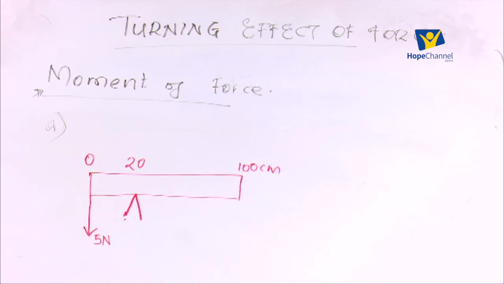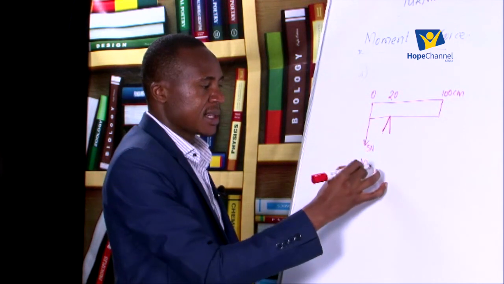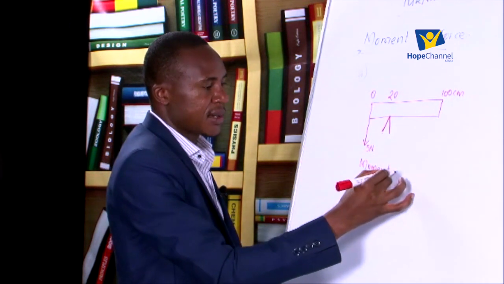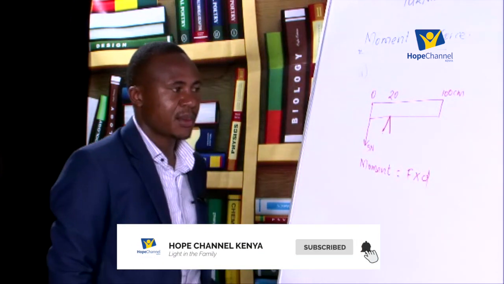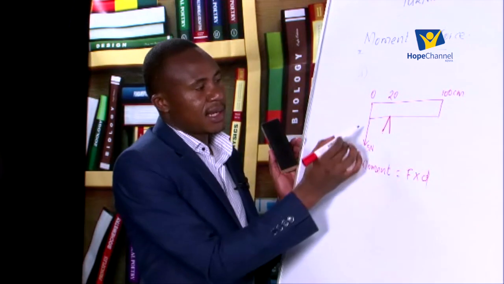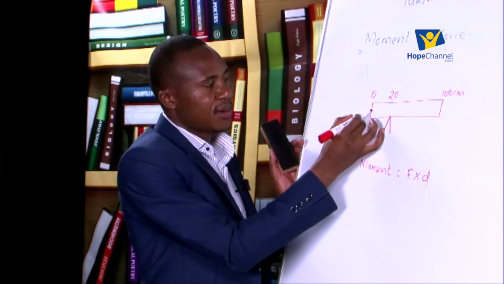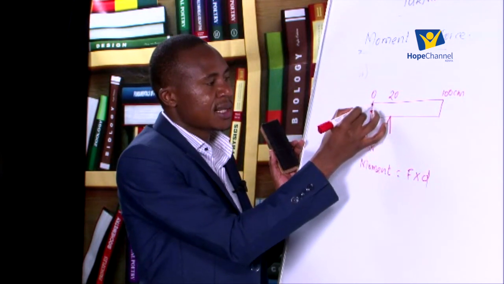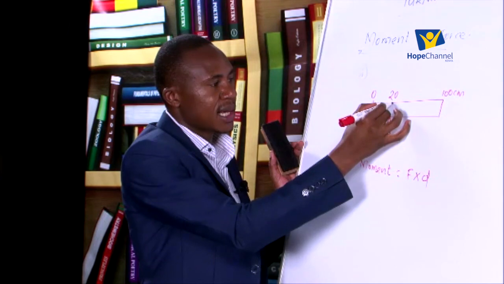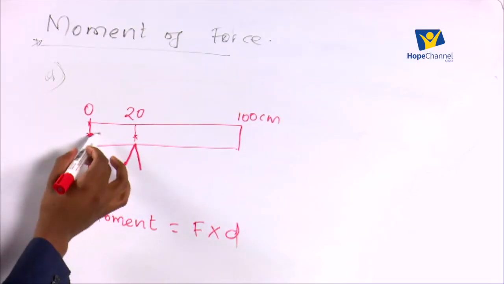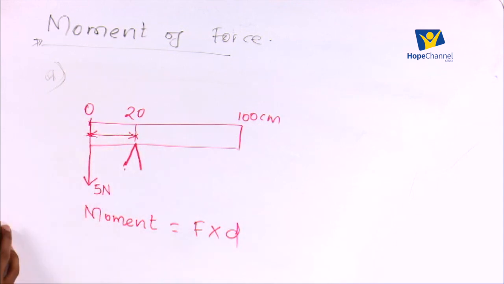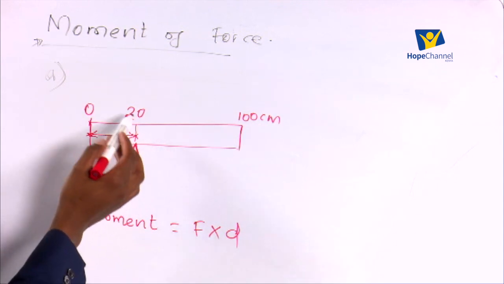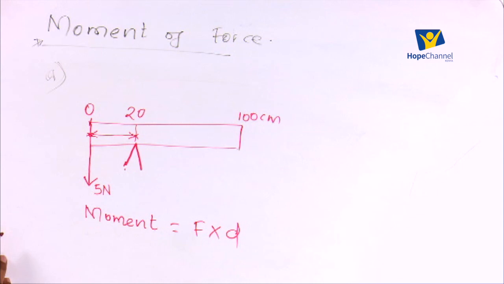We know that the moment is given by the force itself times the distance between the force and the point of support. The point of application of the force is along the 0, and the point of support is at the 20. So we need the distance from 0 to 20, which is 20 minus 0, giving 20 centimeters.